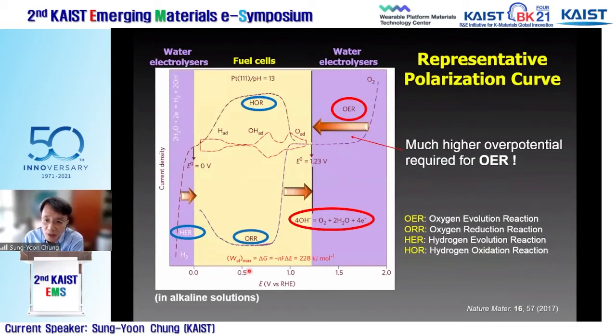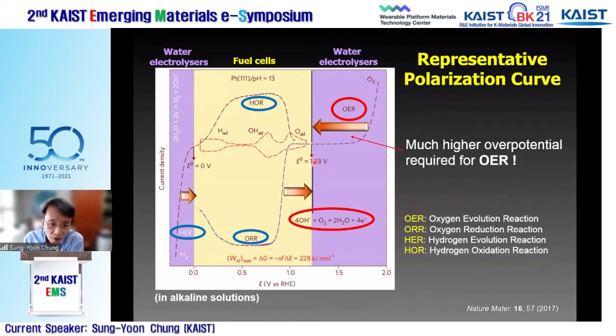I think this is a typical polarization curve. As you can see in this curve, compared to the hydrogen evolution at the cathode side, you can see a much higher overpotential, because a 4 electron reaction is necessary to evolve oxygen at the anode side.